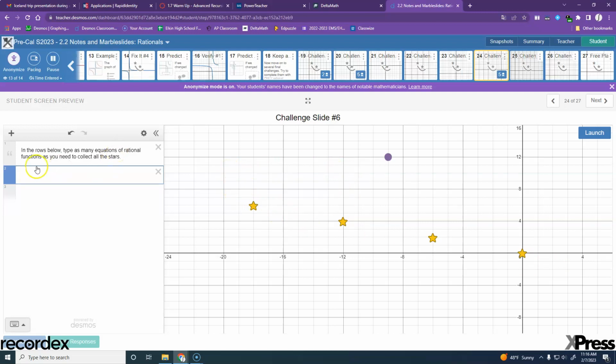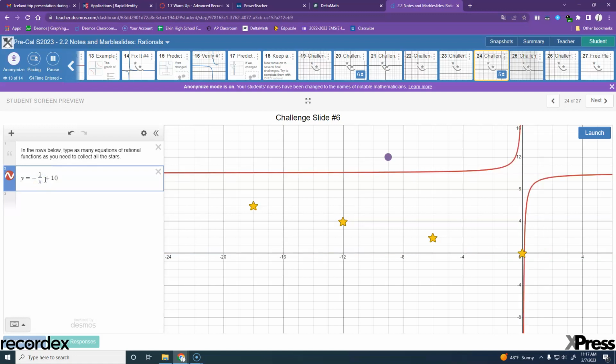So I'm going to do what I would probably do. So if I do y equals 1 over x, I'm going to put a negative out front, which is going to flip that over. I'm going to move it up 10. Okay? So that gets, actually I might even move it to the right, or to the left 4. Now let's go 6. Okay?